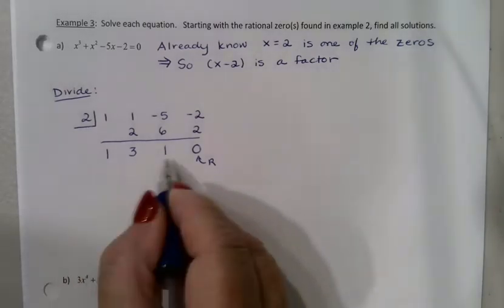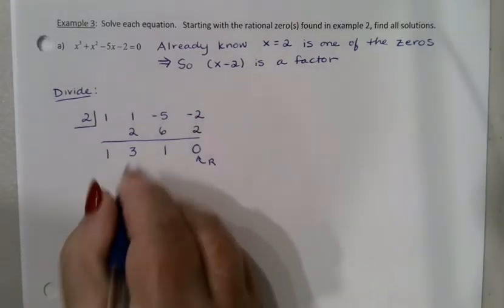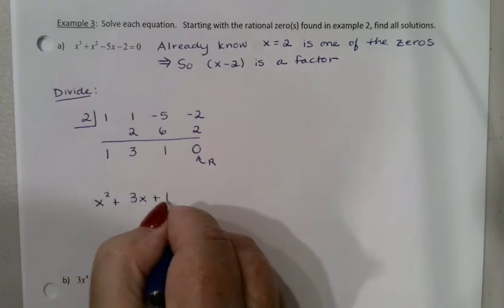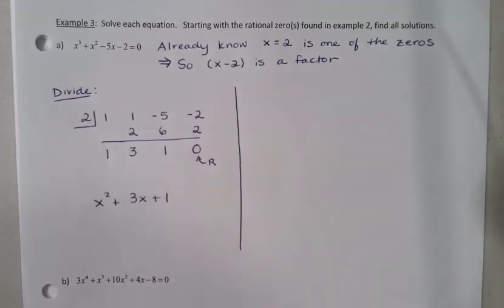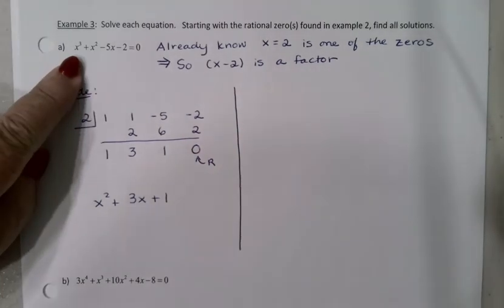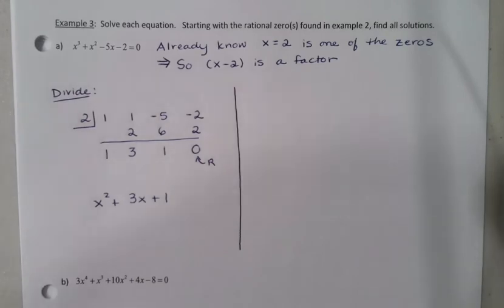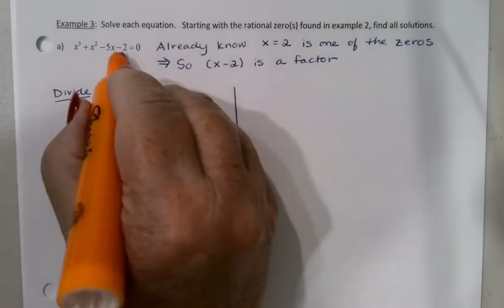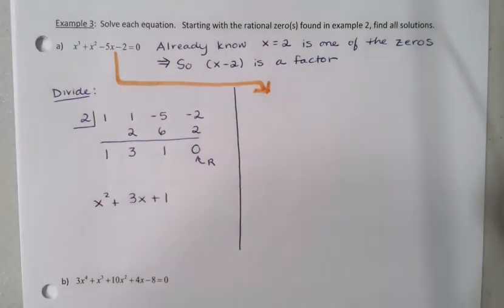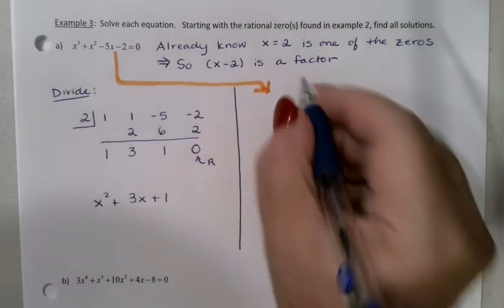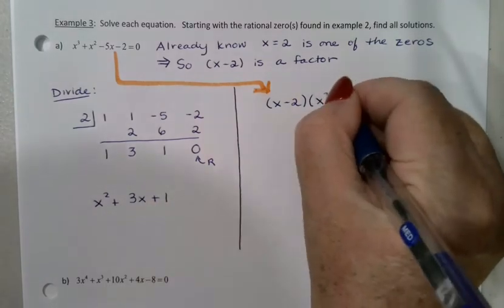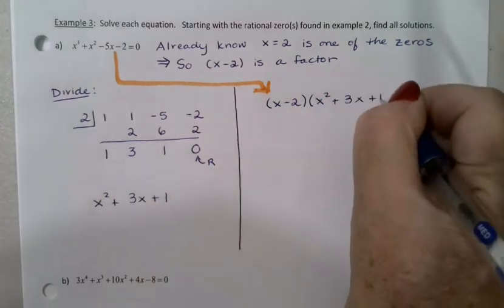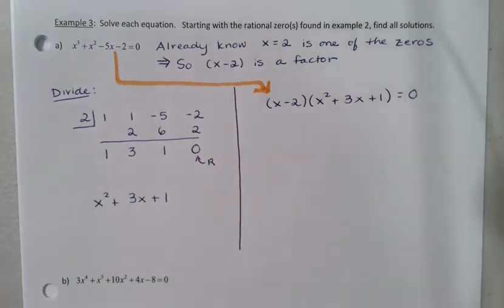So what do I get here? 1x squared plus 3x plus 1. So what that means is I can now take my original equation and write it in factored form. My factored form would be x minus 2 times x squared plus 3x plus 1 equals 0.